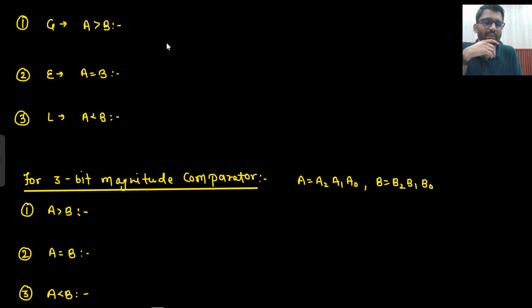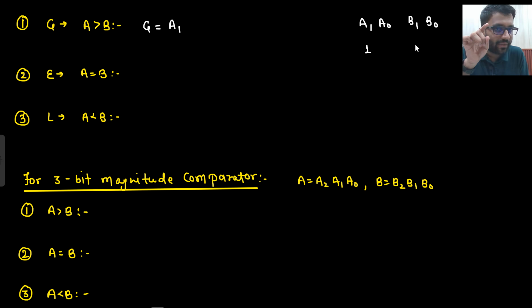So for the greater expression, I can write down the bits a1, a0, b1, b0. If a1 is greater than b1, that means a1 has to be 1 and b1 has to be 0. Then only a1 can be greater than b1, no? So a1 is 1 and b1 is 0.